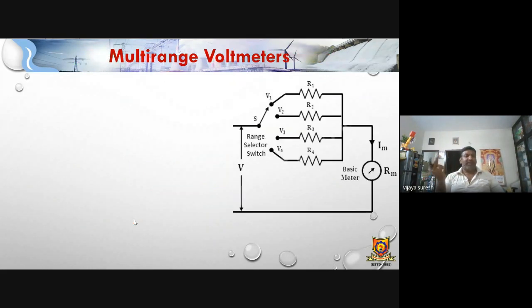Now similarly, as with the multi-range case, in order to measure higher ranges of voltage values, as the value of V changes, here we are using 4 different terminals. So a range selector switch is there. If the switch is connected to V1, the first position, with R1 resistance, then R2, R3, R4 resistance, like that we will have. So the voltages are V1, V2, V3 and V4.